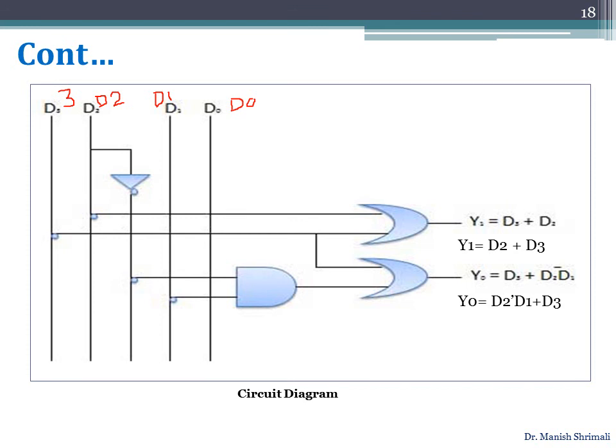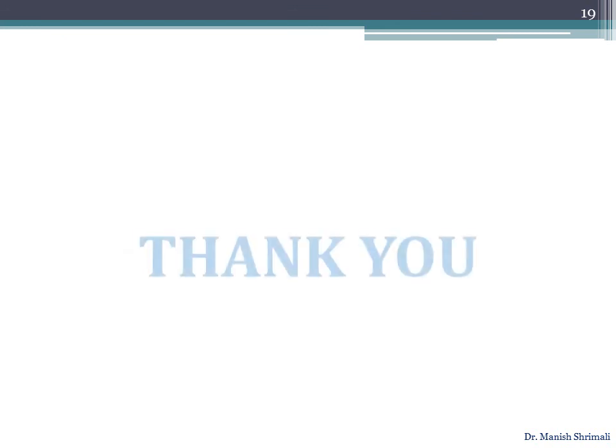Then we have D2 complement D1 plus D3, where D3 is coming from here. So that is Y0 is equal to D2 complement D1 plus D3. So this is about the priority encoder. Thank you.